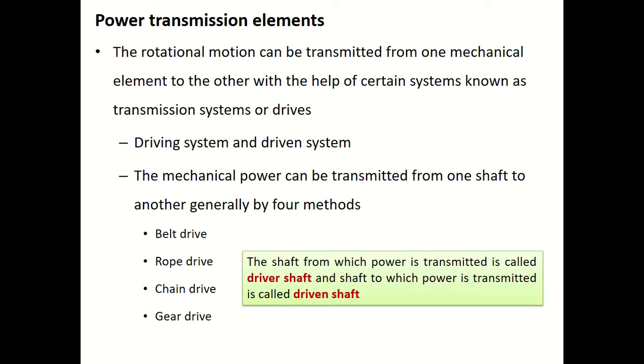It is well known that rotational motion has been found to be the most ideal and simplest means of transmission of mechanical power, which means rotational motion can be transmitted from one mechanical element to the other with the help of certain systems known as transmission systems or drives.